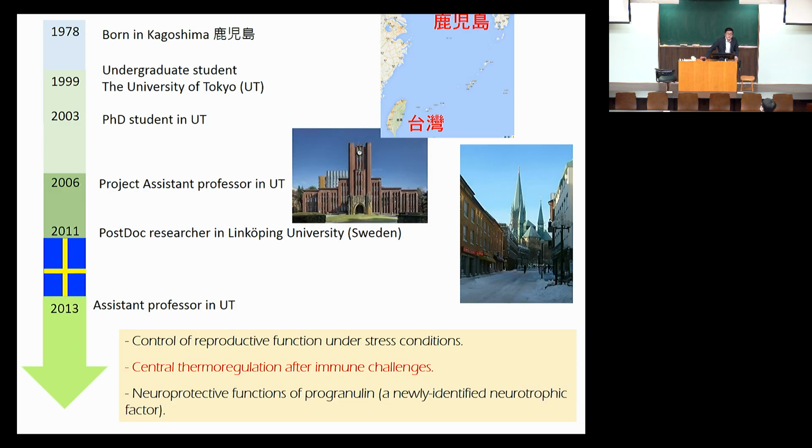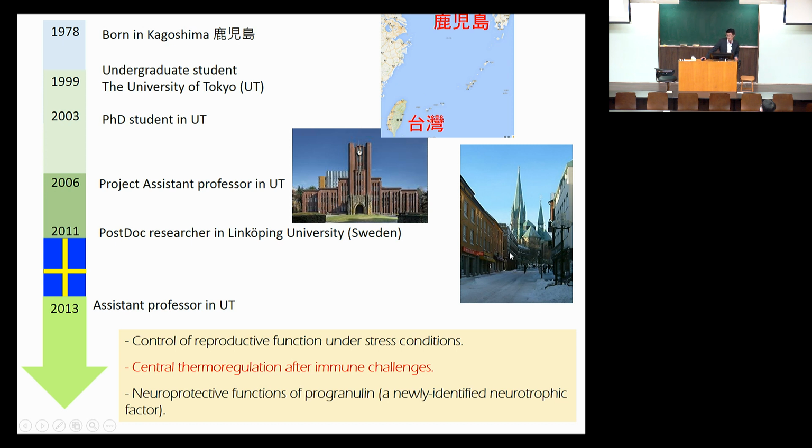First, please let me introduce myself briefly. I was born in Kagoshima. Kagoshima is in the southwest part of the Japanese islands. It's very near to Taiwan, so every time I come to Taiwan, I pass my hometown. And then, as he introduced, I graduated from Tokyo University, and then I went to study in Sweden.